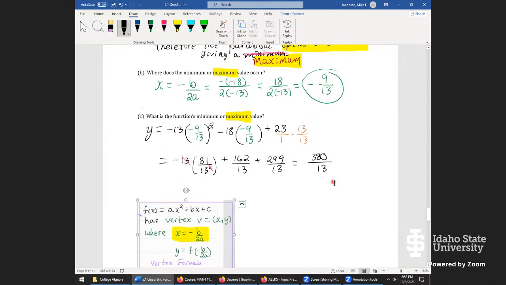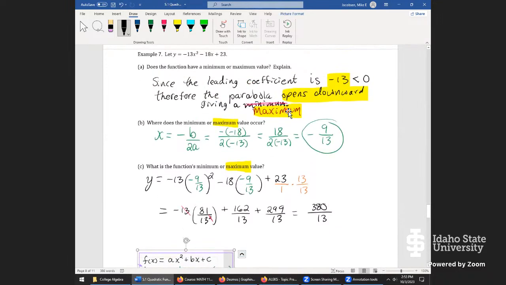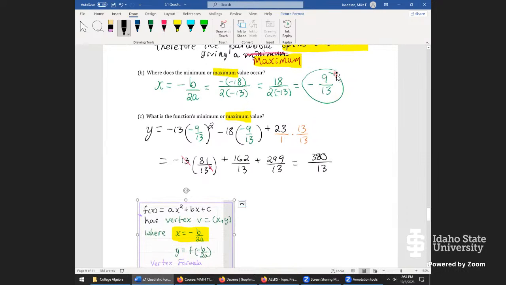So applying the vertex formula, we first decided after some corrections there, thanks for the comments and corrections, because of the negative, it'll open downward, leading to a maximum. Then the location where the maximum occurs is negative 9/13. But that's just the x-coordinate of the vertex. The actual maximum value was this y value, 380/13. But that's this portion, the second coordinate of the vertex.